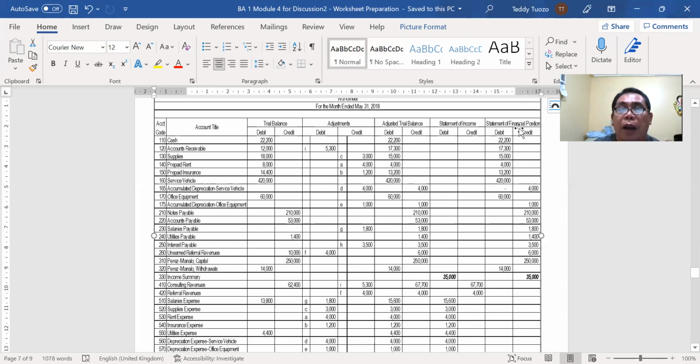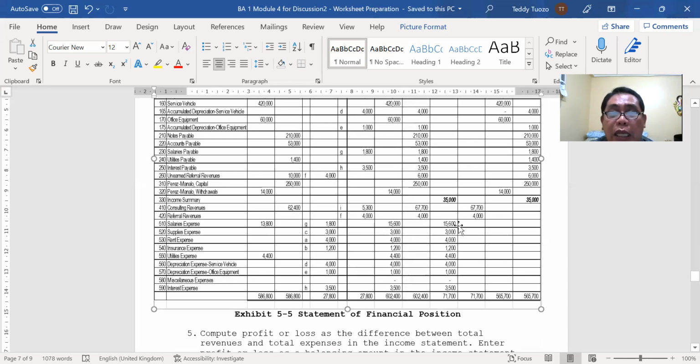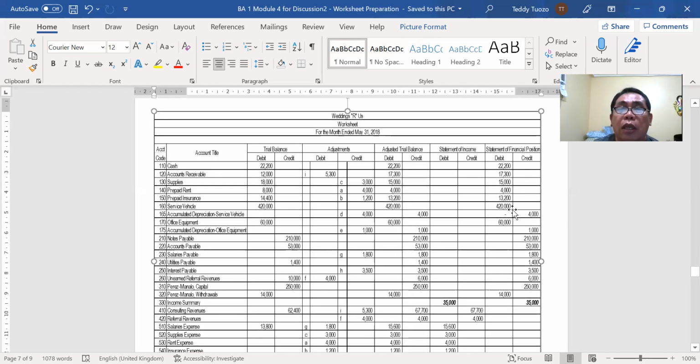We no longer touch those from consulting revenues down to the interest expense, because we have already forwarded them to the statement of income columns. So they should no longer be forwarded to the statement of financial position. The statement of financial position elements are assets, liabilities, and capital.